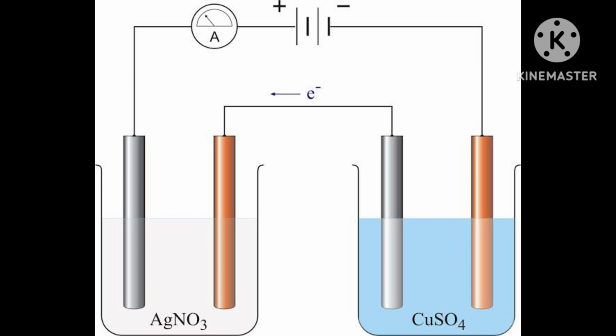And how is the quantity determined? Quantity Q is equal to I into T, where I is in ampere and T is in second.